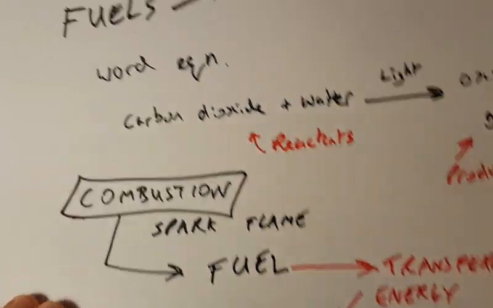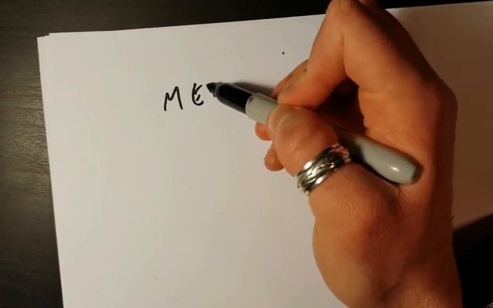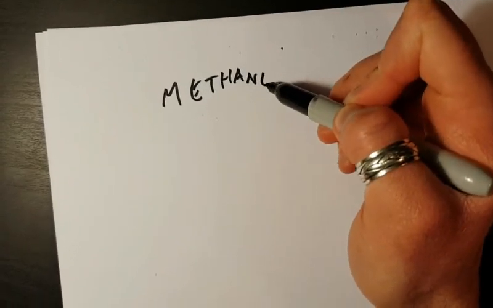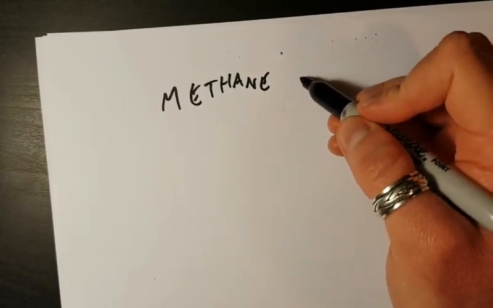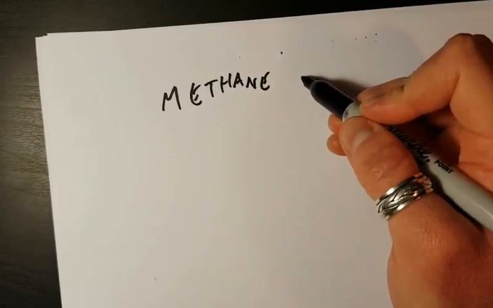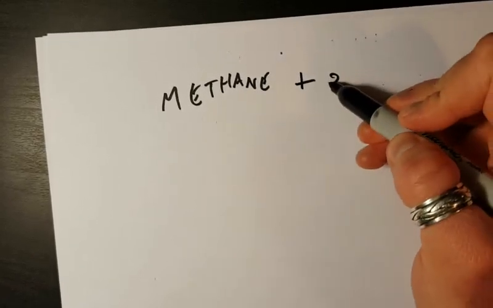Okay. So an example of combustion could be using a fuel like methane, which is a gas that we can burn. If we have methane, we all should know for combustion to occur, we're going to need oxygen.